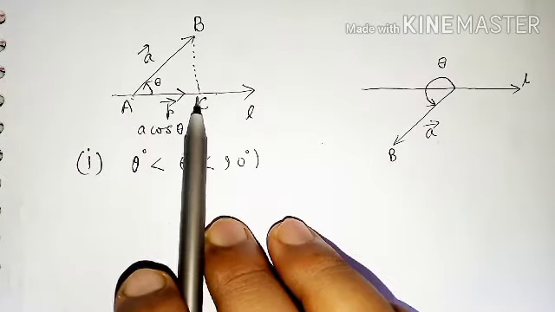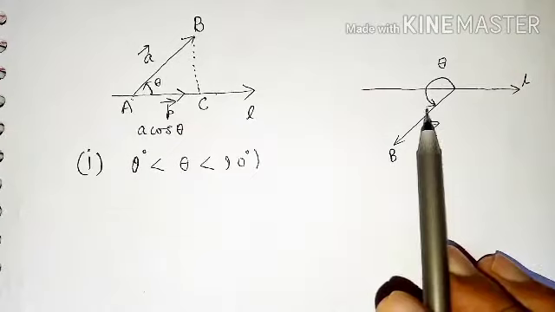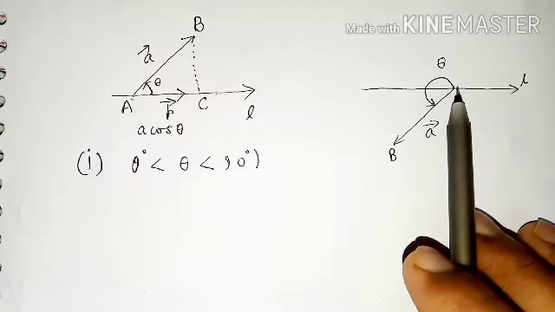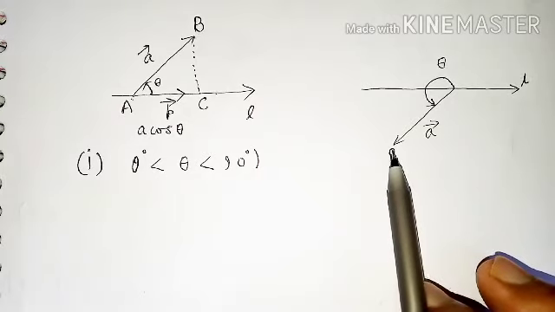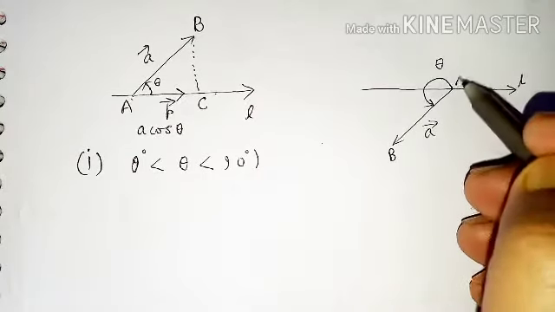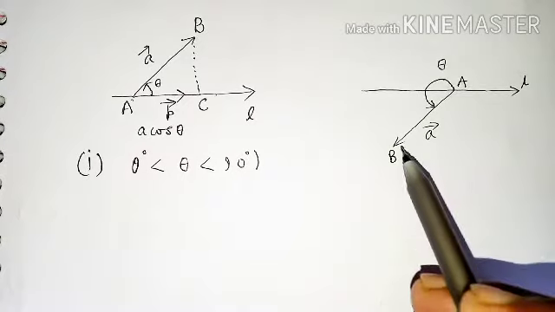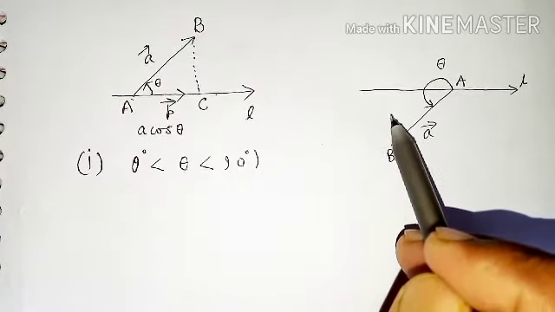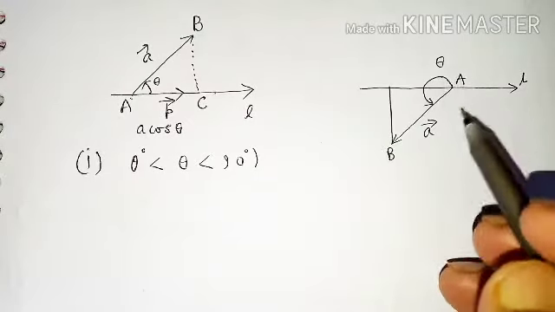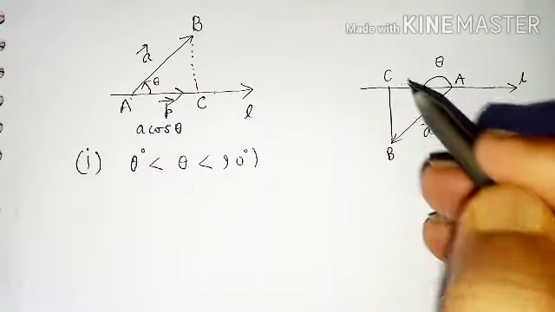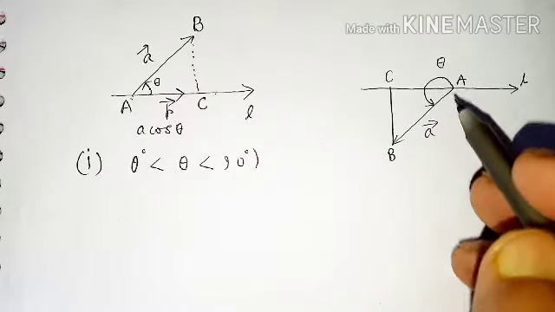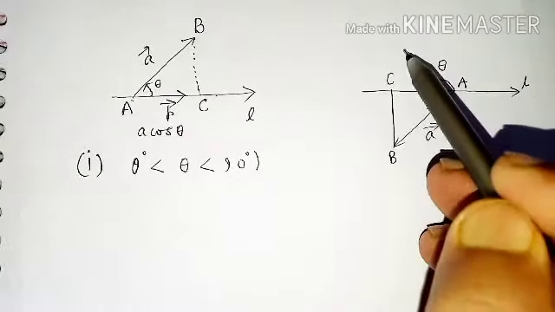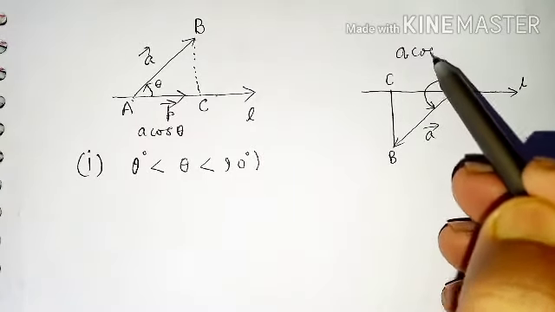AC is the magnitude. Now here, this is directed line L, this is vector A, and the projection of vector A on line L is AC, whose magnitude is A cos theta.